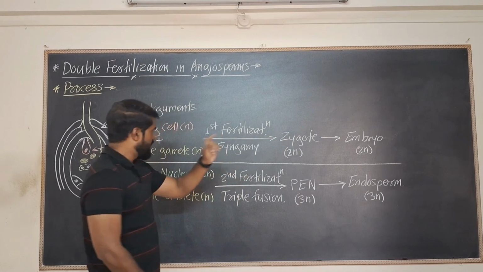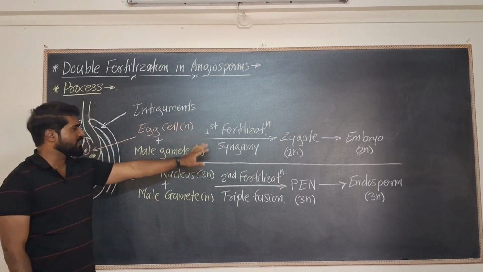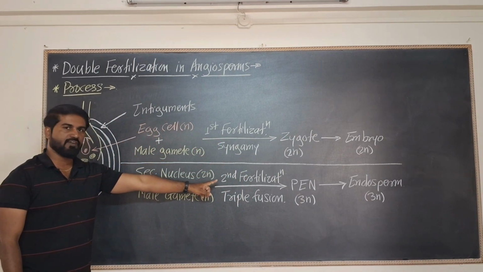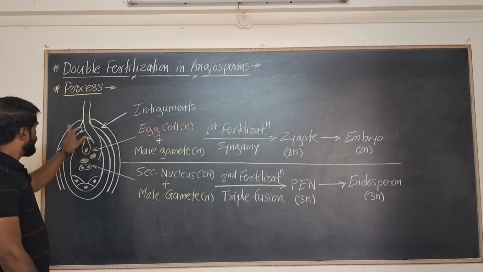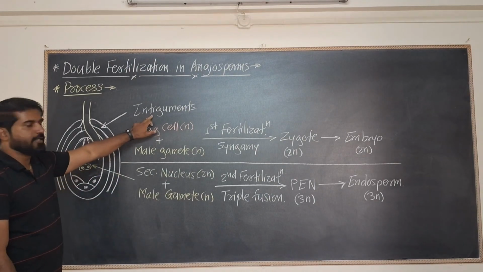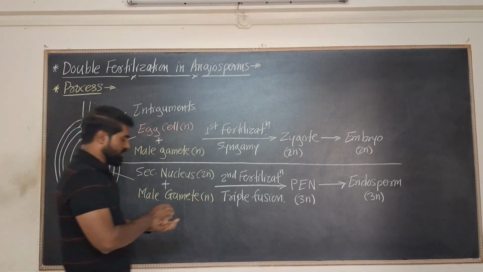Okay? Now, embryo is the product of first fertilization, endosperm is the product of second fertilization, and here you can see ovule is always covered by the integuments after fertilization.